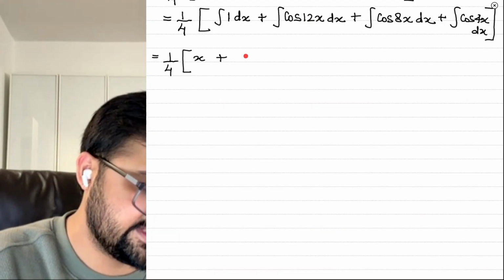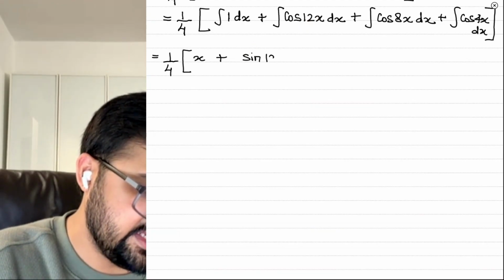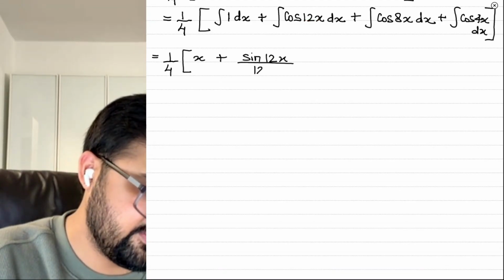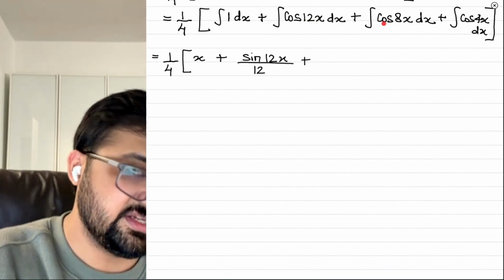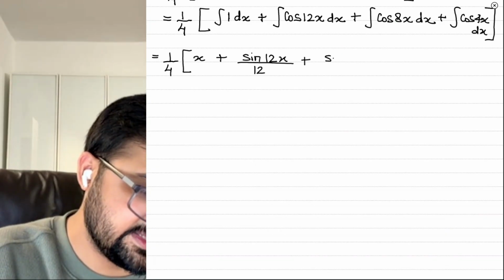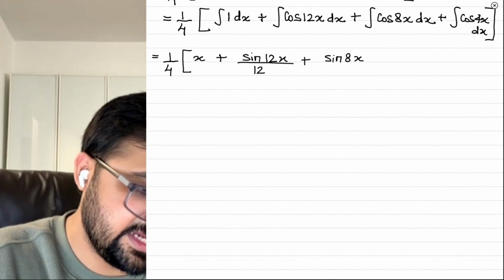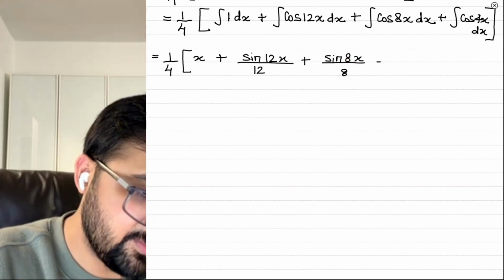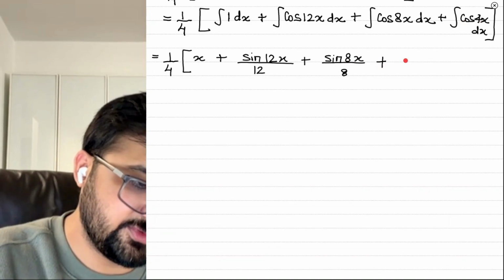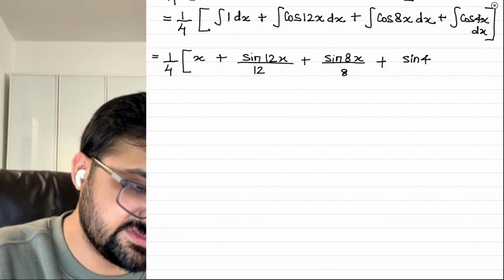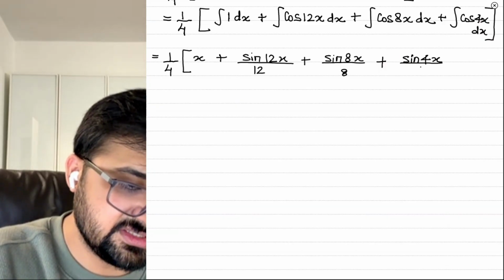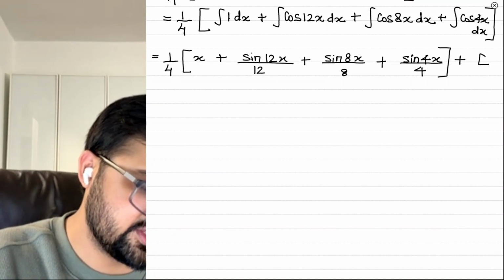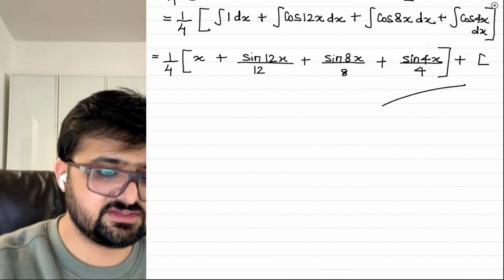The integral of cos is sine, so you get sine 12x, divided by the coefficient of x, which is 12, plus integral of cos 8x is sine 8x divided by 8, plus integral of cos 4x is sine 4x divided by 4, plus a constant of integration c, and that's your final result.